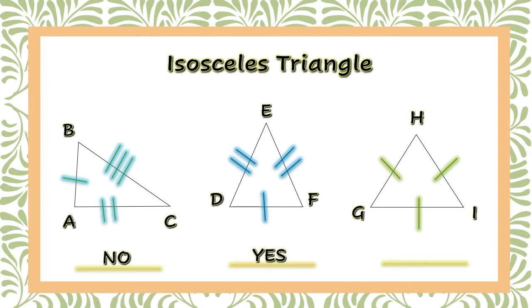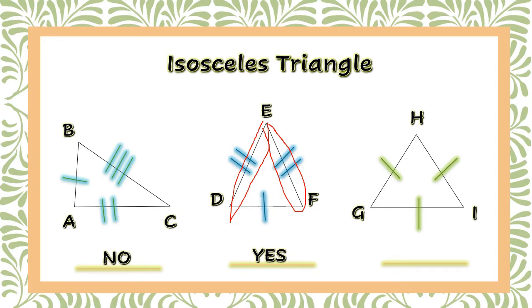An isosceles triangle is a triangle with two equal sides. And since we have here two sides equal, side ED and side EF, therefore, it is an isosceles triangle.